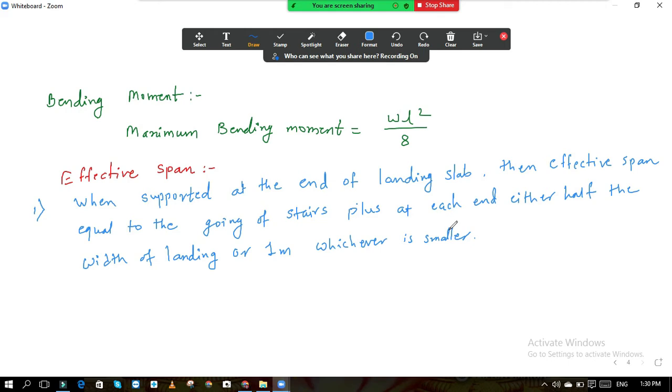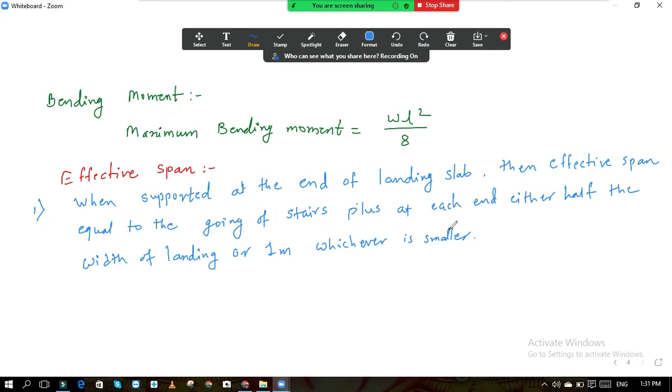I know you won't understand this right now. Whatever is written, you are not able to correlate, but it is very easy. I will explain this to you with the help of the diagram so that it will be easier for you to remember. This criteria for the effective span is given in the IS code.